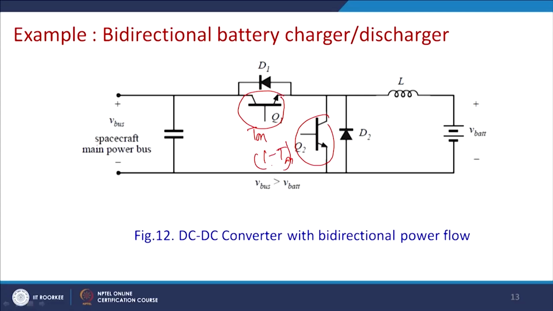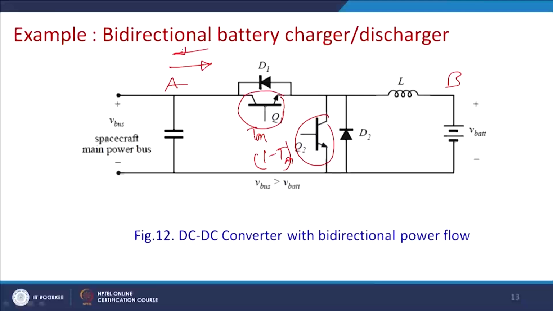So, in this case there will be a change. In the normal mode of conduction, or the charging of the battery, power is required to flow from point A to point B, but in case the battery is supplying, then power is required to flow from B to A.